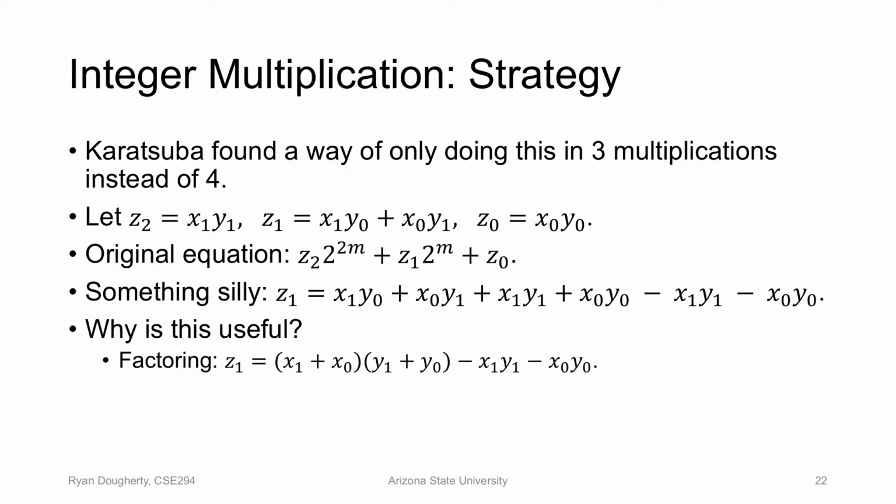Oh wait, how many multiplications am I doing here? x0, y0 is 1, x1, y1 is 2. Wait, am I doing 2 over there? With the x1 plus x0, y1 plus y0? How much time does it take to add 2 n over 2 bit numbers?